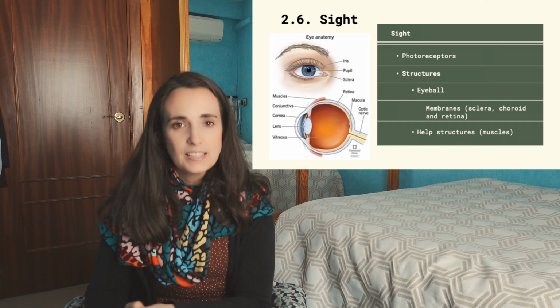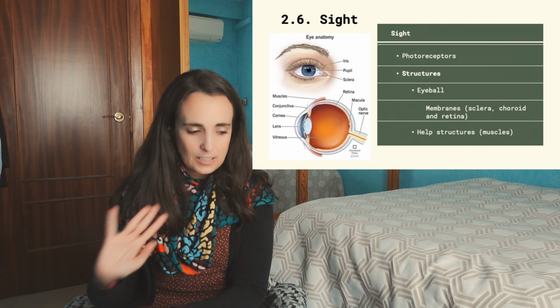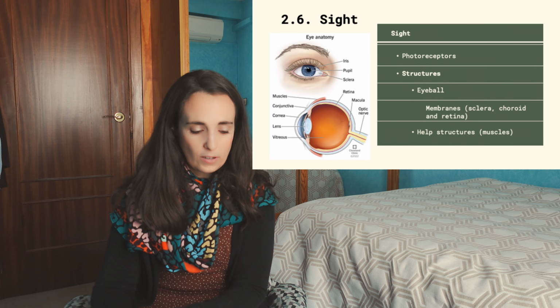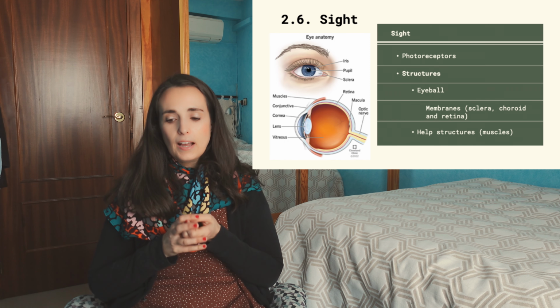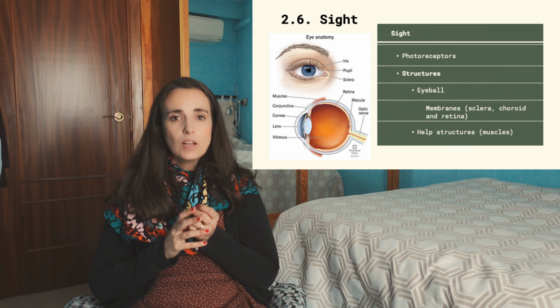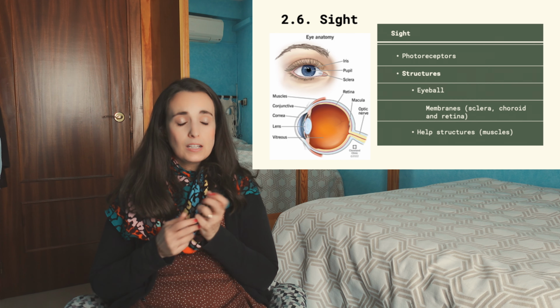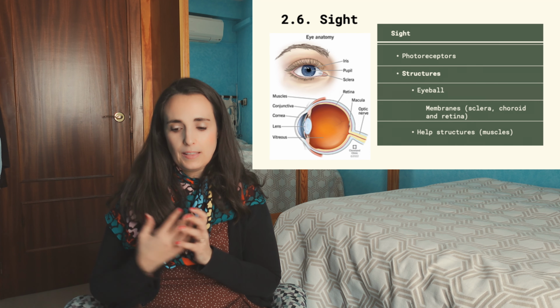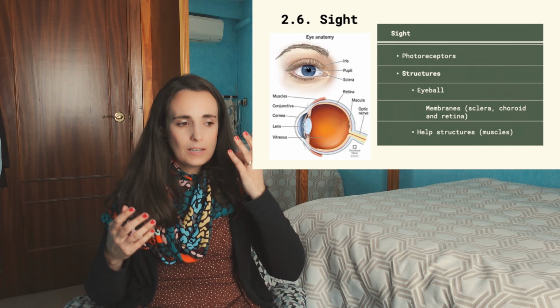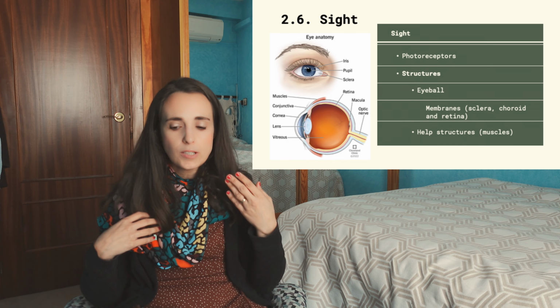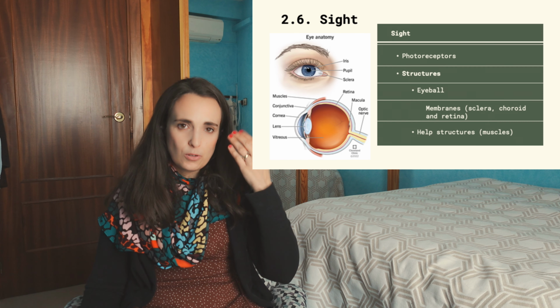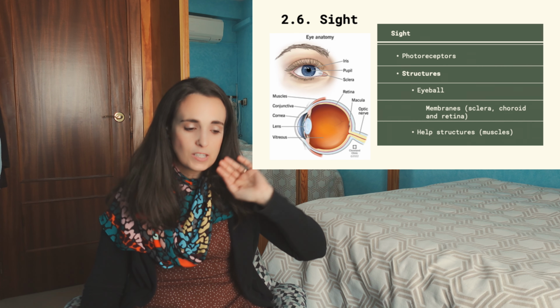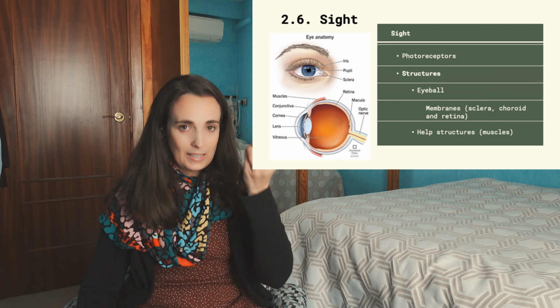And finally, the sight is, to me, at least in humans, the most complex organ. The eye has a lot of structures inside the eyeball. Mainly, we have 3 membranes, which are the sclera, the choroid, and the retina, which is the one in charge of receiving light.